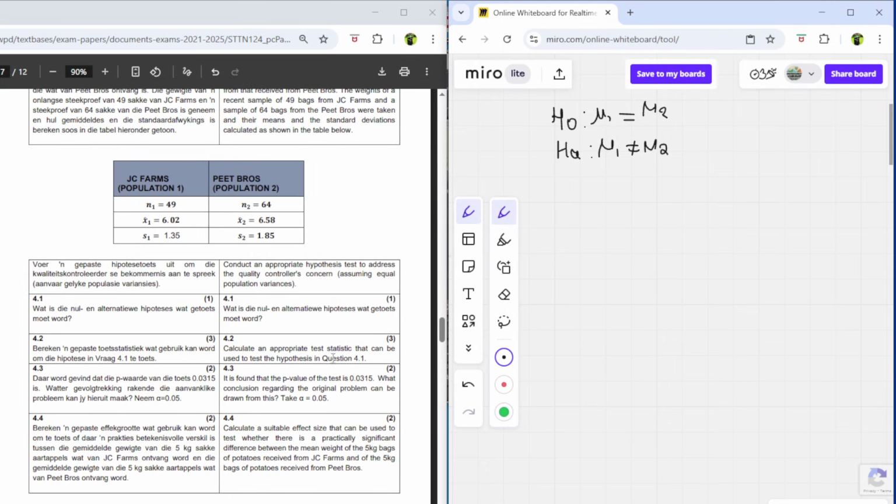Question 4.2: calculate the appropriate test statistic that can be used to test the hypothesis in question 4.1. Because both samples are large, we're going to use the Z formula.